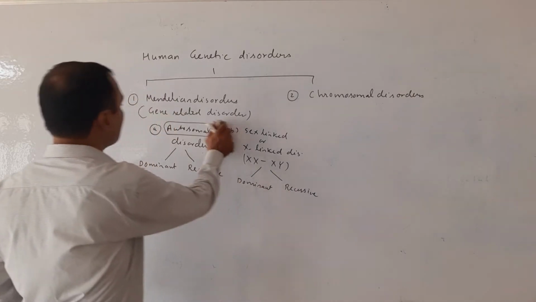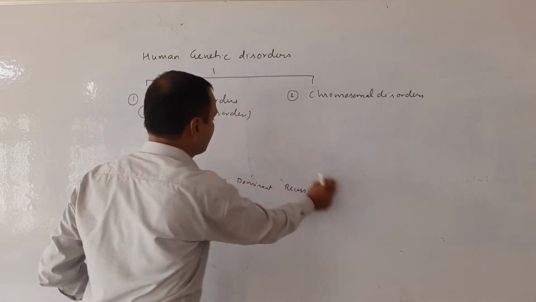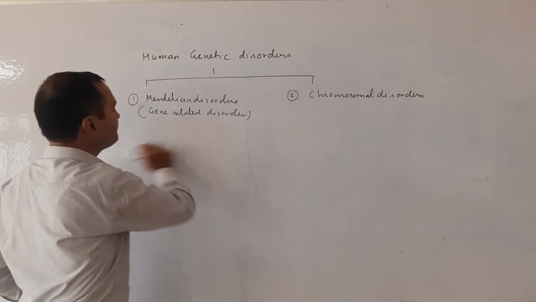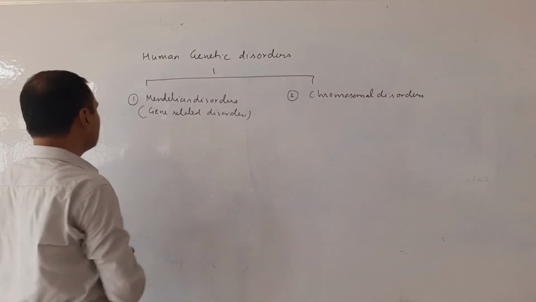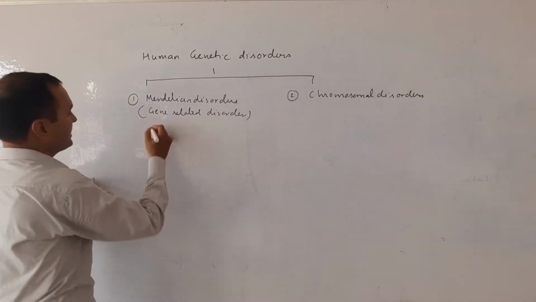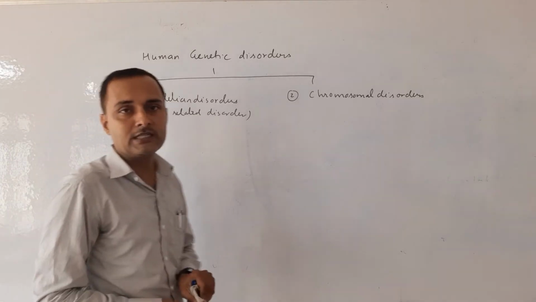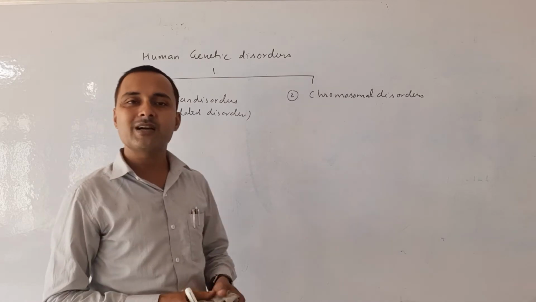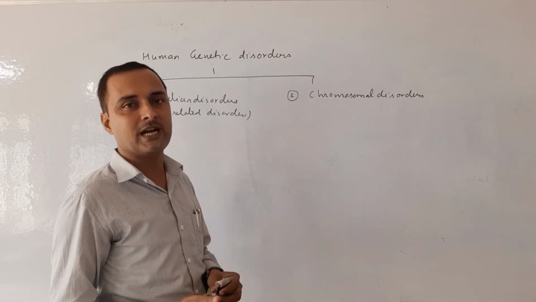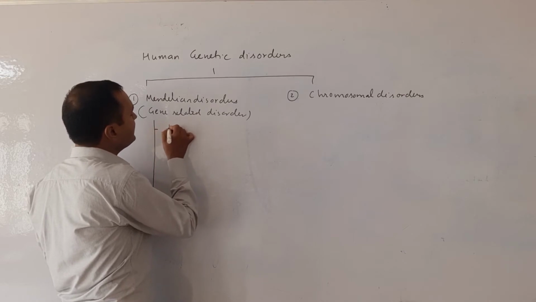Now let us see the examples given in your NCERT book, that is in your syllabus. You have to know well the names of gene-related disorders in your syllabus. Total five diseases are given in your NCERT book. First one is hemophilia.